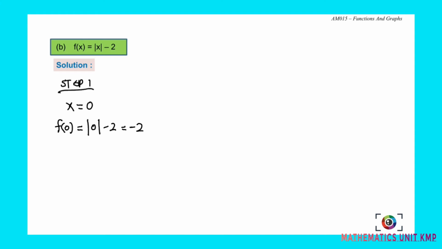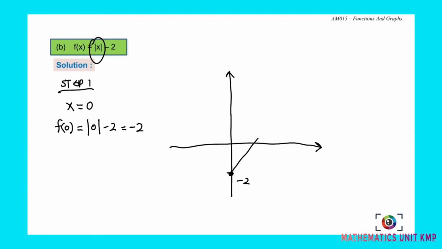After you get the vertex coordinate, you can sketch the graph. Alright, the coordinate is (0, negative 2), at (0, negative 2) is here. Okay, here is the location. And then you check the modulus. Is it positive or negative? Positive. So, bila positif, dia V ke atas.